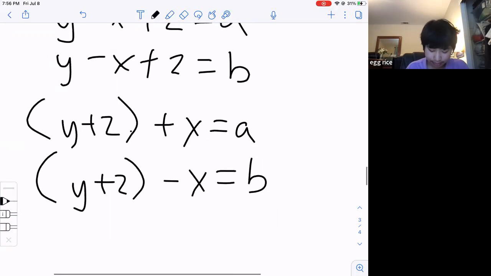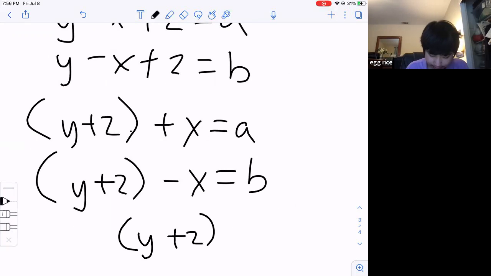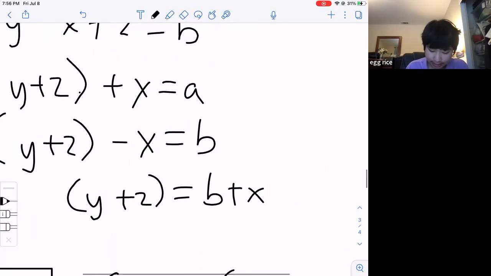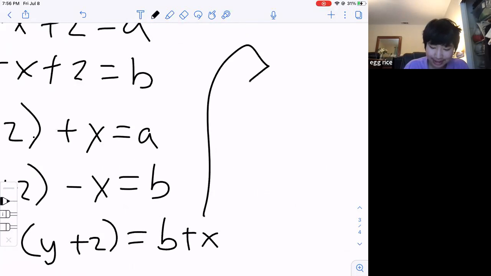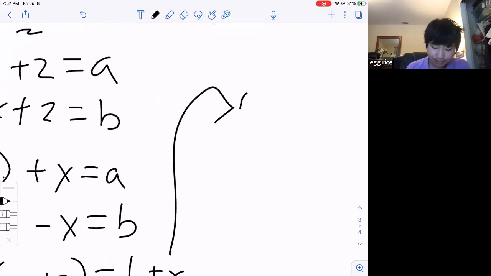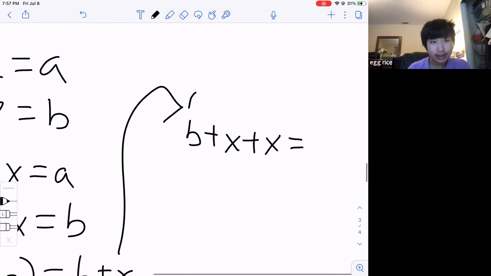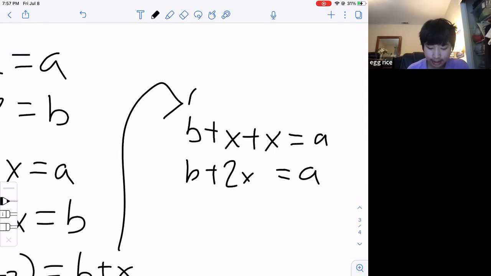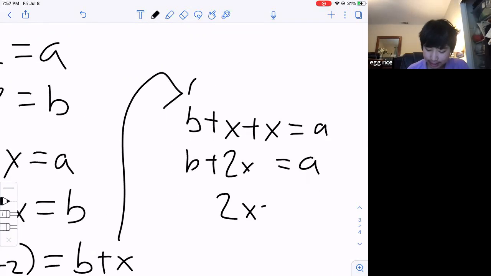Then we can do something very similar by just saying y plus z equals B plus x. Since we can just substitute this in, we get B plus x plus x equals A, which means B plus 2x equals A, and 2x equals, right?